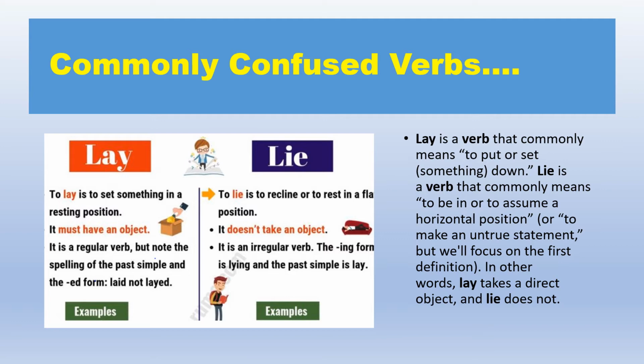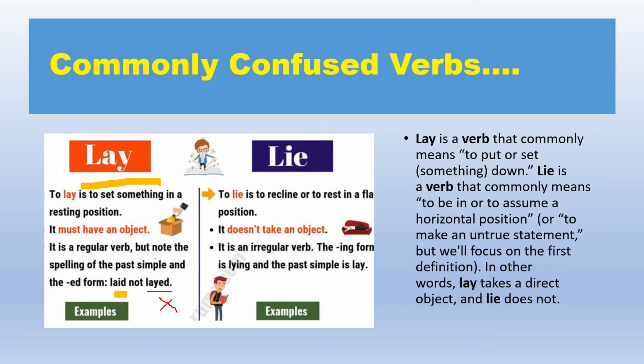Now, if you see over here, the verb lay is to set something in a resting position and it must have an object. For example, if we say the hen laid an egg, it is a regular verb, and note the spelling of the past tense, it's laid, not layed, L-A-Y-E-D.